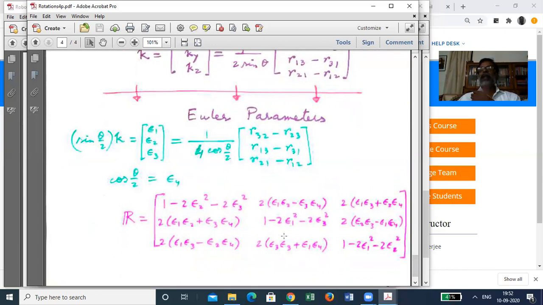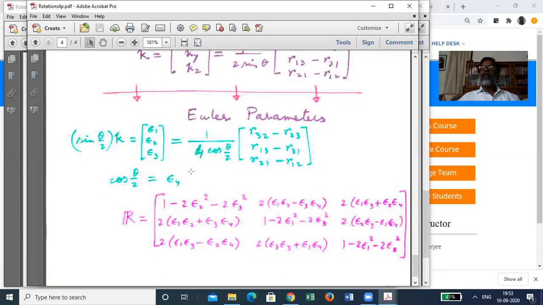And this is the advantage of the Euler parameters. You get rid of sines and cosines from your formulation. You express everything in terms of polynomials. And that has advantage in theoretical analysis, where polynomials will give you a computational advantage rather than transcendental functions.